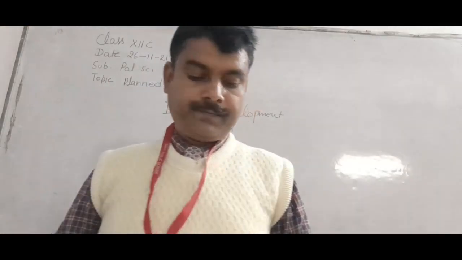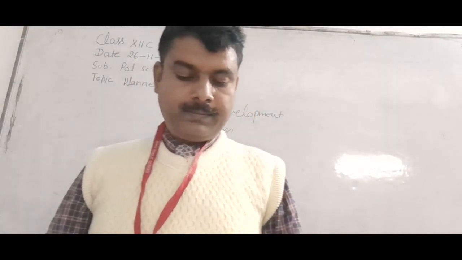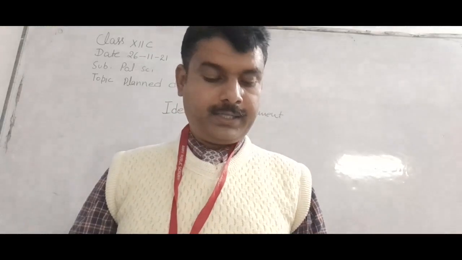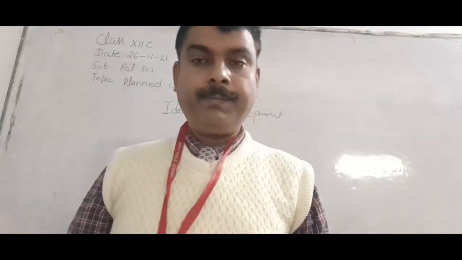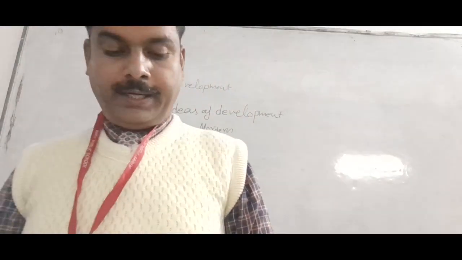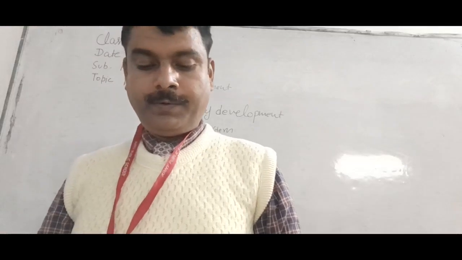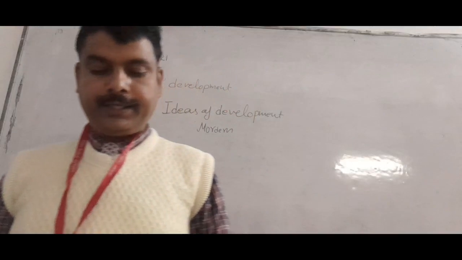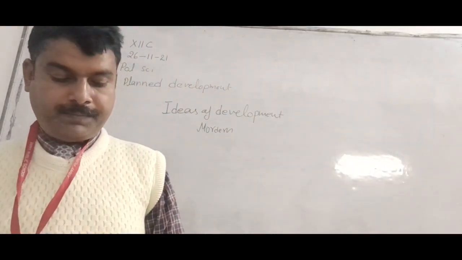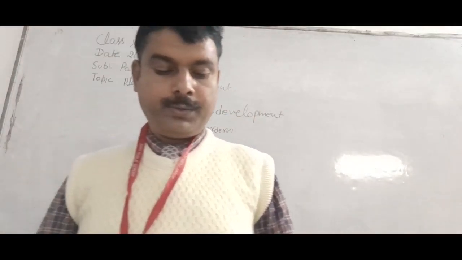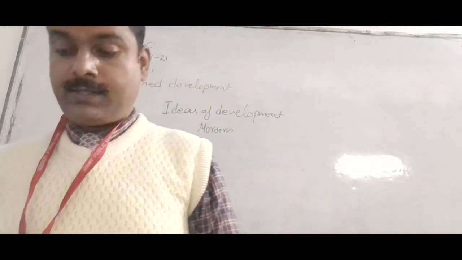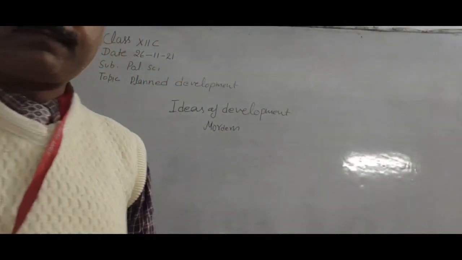Okay, class. For some, industrialization seemed to be the preferred path. For others, the development of agriculture and in particular the alleviation of rural poverty was the priority, class. Planning.